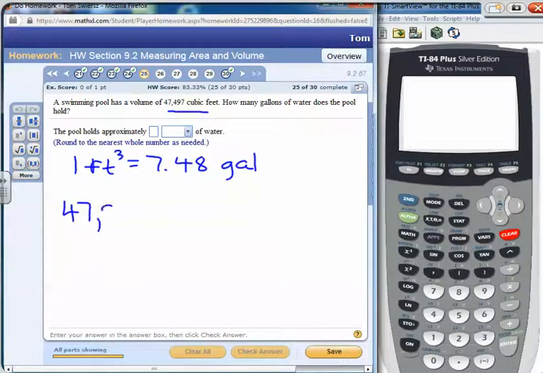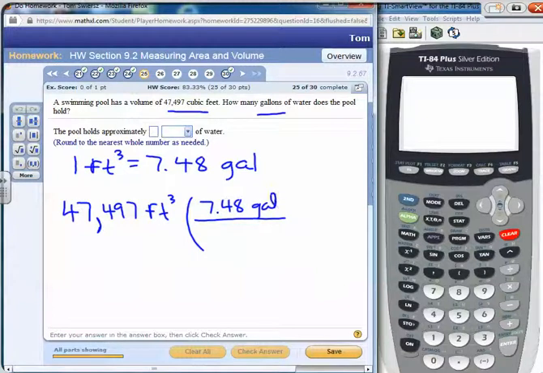We have 47,497 cubic feet. Okay, we want to convert to gallons, so that goes in the numerator. It's 7.48 gallons from what we have in our conversion for every 1 cubic foot.